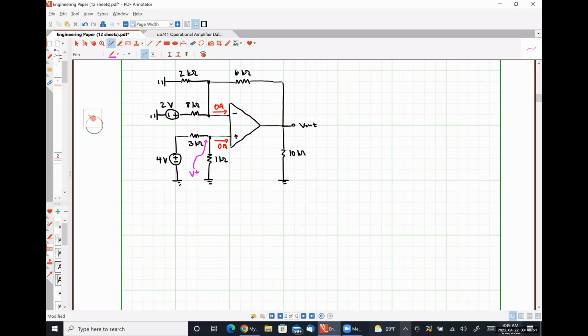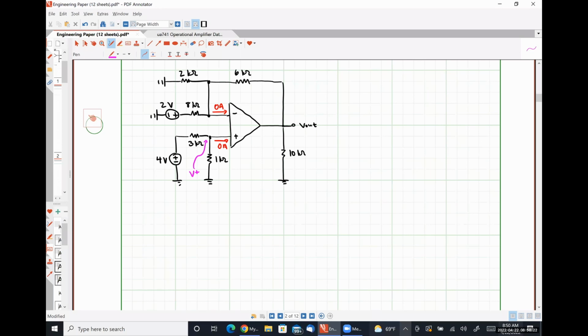Is the 4 volt source going to supply any current? Yeah, okay. Because current that's flowing from the 4 volt source could flow through the 3 kilo ohm resistor and then down through the 1 kilo ohm resistor, right? And that would still satisfy op amp rule number 1. So how much current is the 4 volt source supplying? Exactly right, which would be 1 milliamp.